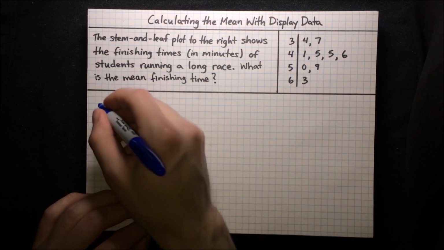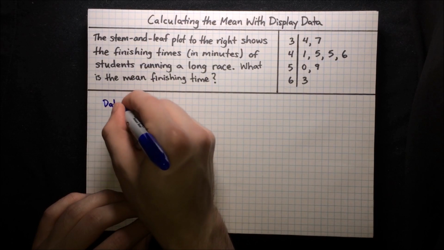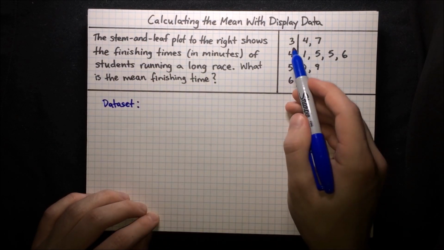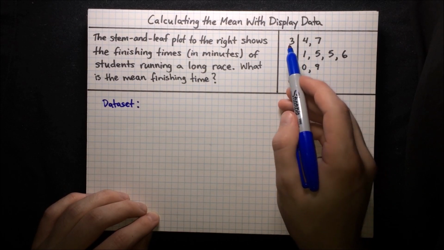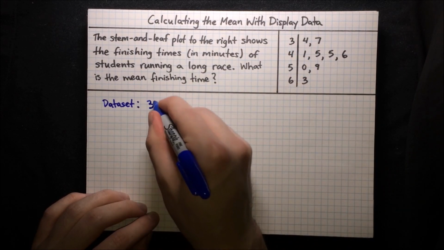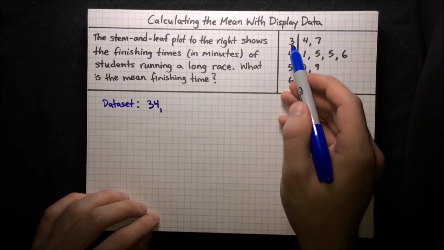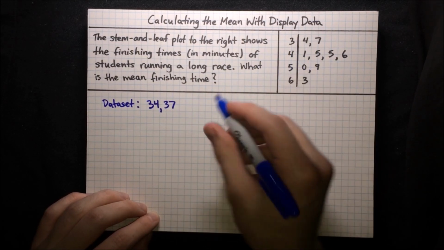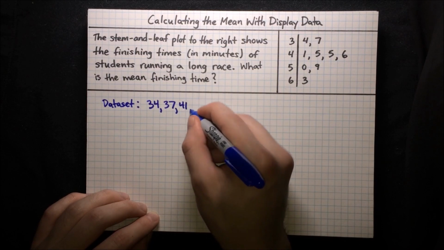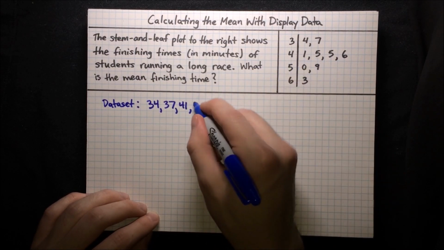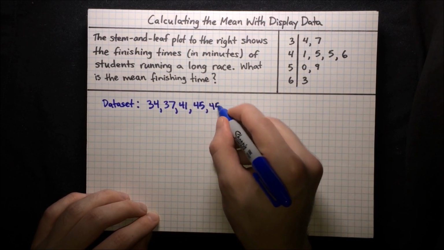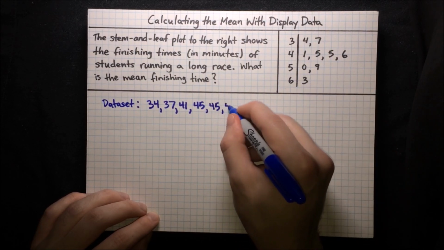So why don't we go ahead and write down our data set explicitly. So the first value here, the lowest value, is 34. And then after that is 37. Then we've got 41, 45, another 45, 46.